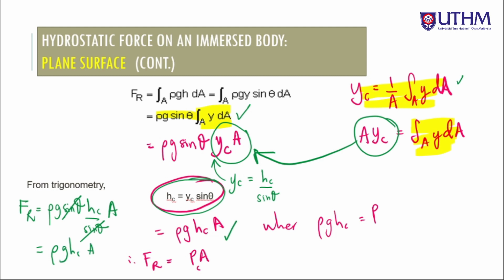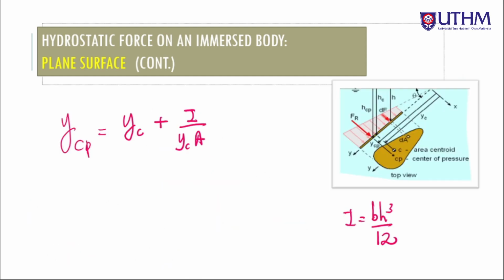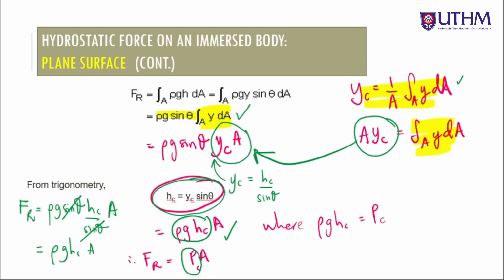If we go back, this is PC, the pressure exerted on the centroid, times A, where rho G HC is PC. So that is the magnitude of the resultant force.